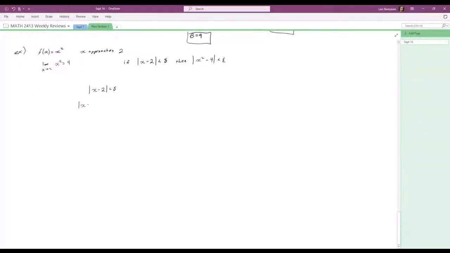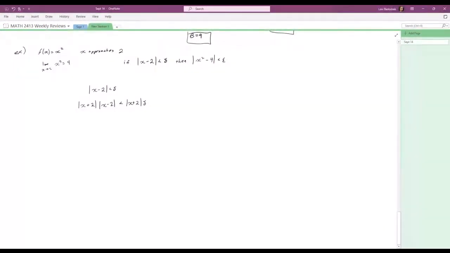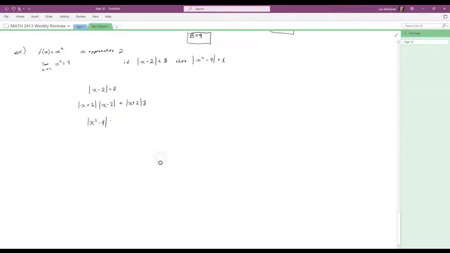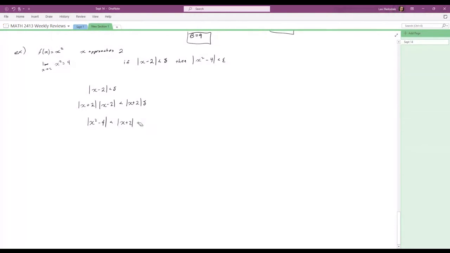If we multiply both sides by x plus 2, the conjugate, well then what we get is the absolute value of x squared minus 4 is smaller than the absolute value of x plus 2 times delta. Okay, well that's all cool, but we don't necessarily want an epsilon in terms of x. So this side is still a bit of a problem.